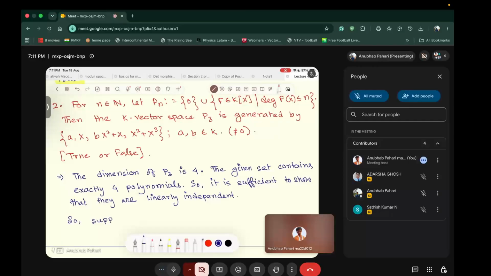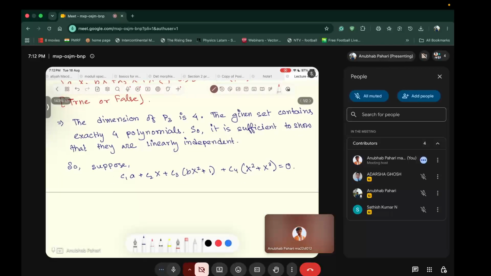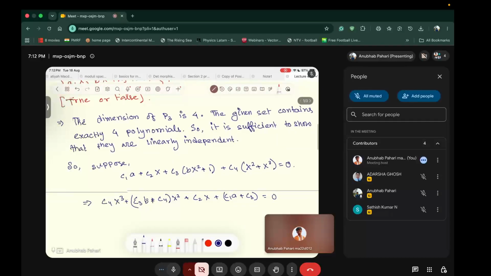So suppose C1 of a plus C2 of x plus C3 of (bx square plus 1) plus C4 of (x square plus x cube) equals 0. Now if you rearrange it, you will get C4 of x cube plus (C3b plus C4) of x square plus C2 of x plus (C1a plus C3) equals 0.